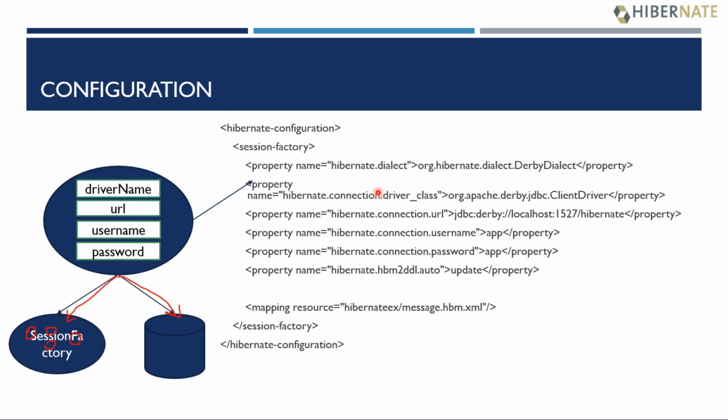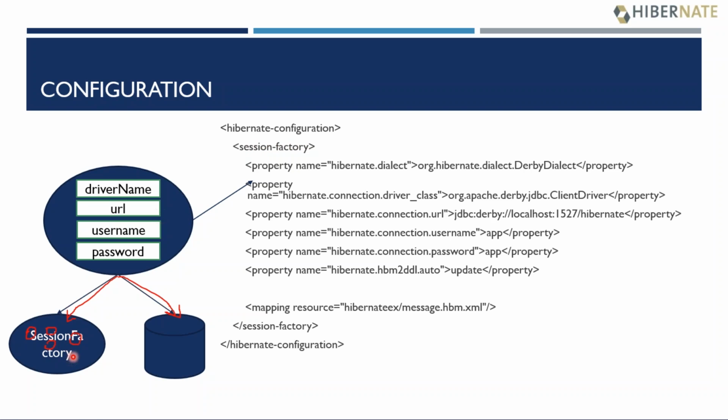This information will be used by the configuration class, and once it creates an object out of that, it will read all this, and this configuration object will be used by the session factory to create the session object. I repeat, all these configuration related elements are being used by the session factory to create a session factory object.